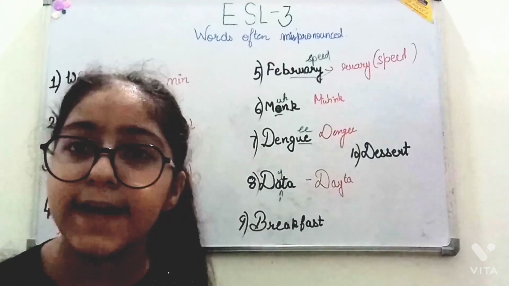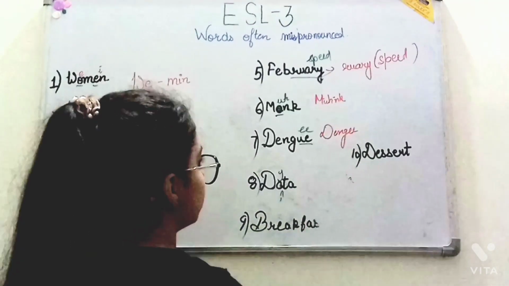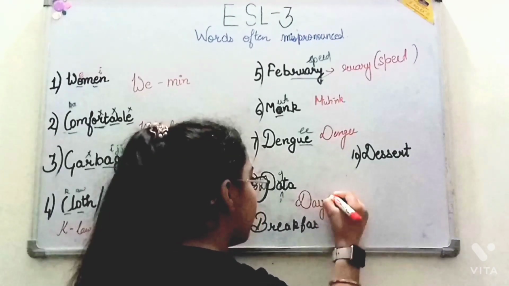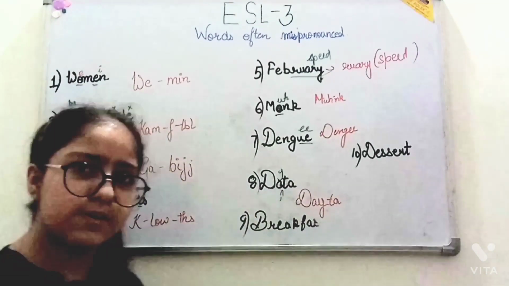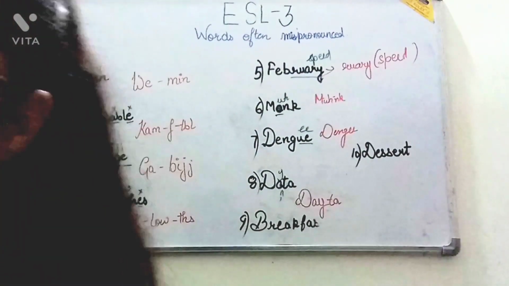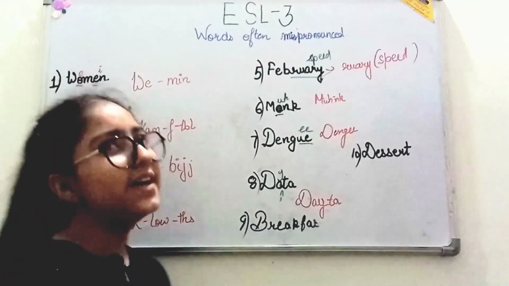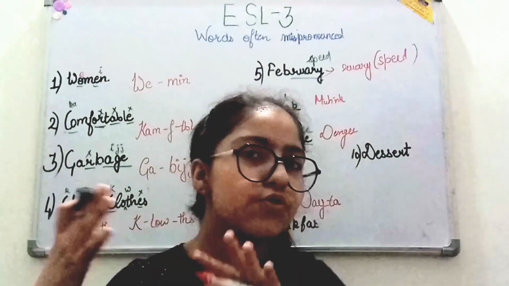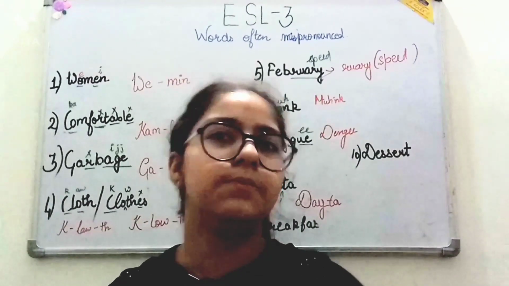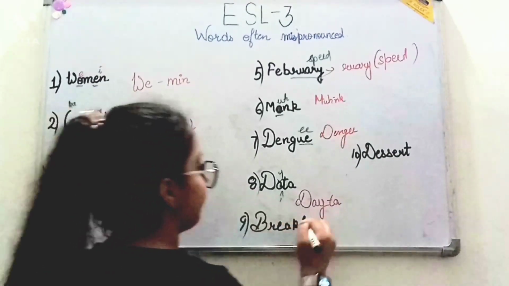Let me write it a bit slowly. So it's data, not data. You need to know this word because we are in the time of technology, and many times we save things, some pictures, etc. If we pronounce it incorrectly, people think that we are fools. So don't be a fool and pronounce it wrongly.